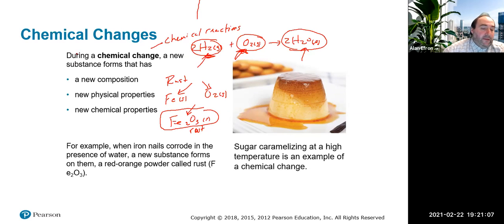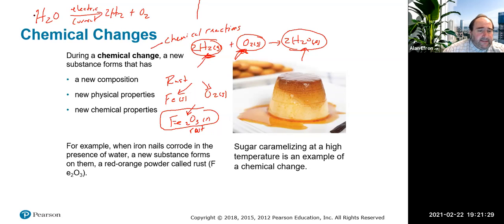So when we do a chemical change, what we form is something new, and you can't get back what you originally started with by any type of physical means. You can definitely take water, for example, and run an electrical current through it and make hydrogen gas and oxygen gas come back.